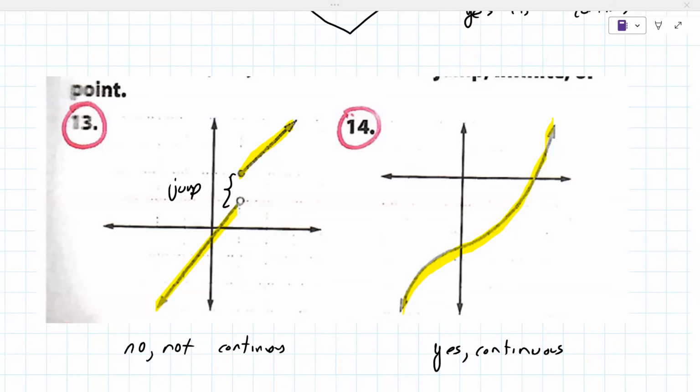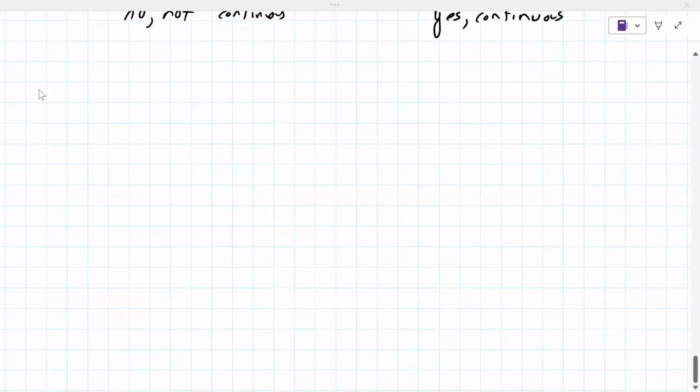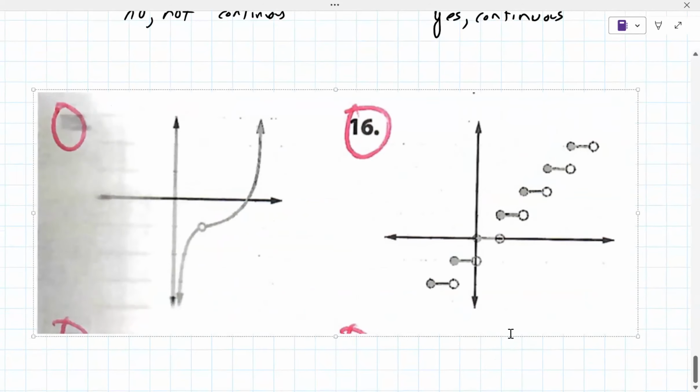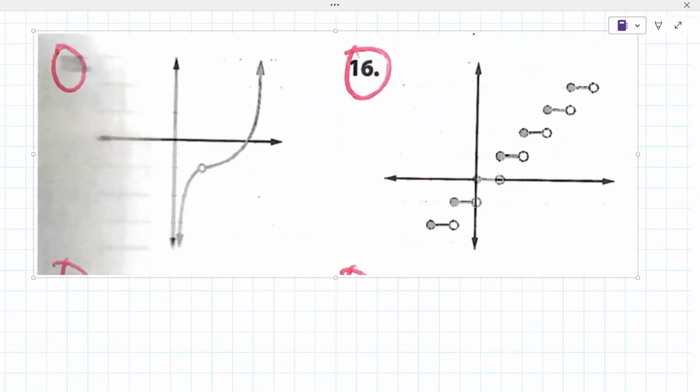So I want you to look at the next two. I'm going to snip them onto the screen here, but I want you to tell me if either 15 or 16 are continuous or not continuous. So what do you think here? 15, 16.